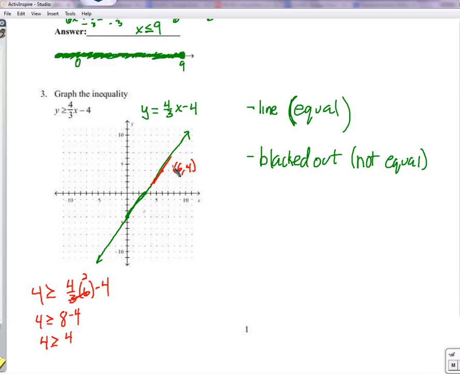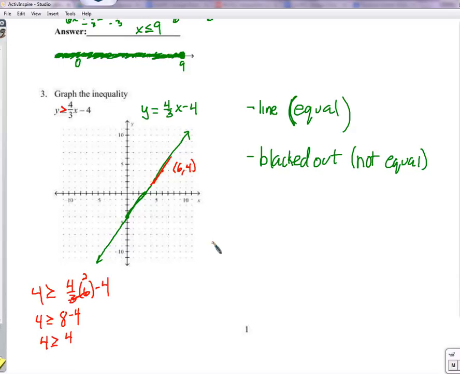And any point we choose, like this line here, is the only set of points that makes both sides equal. So whether we choose points over here or over here, both sides are going to be not equal. But only one half above or below this line is going to make it not equal in this way, okay? And the other half will make it not equal in the other way, in the less than way.